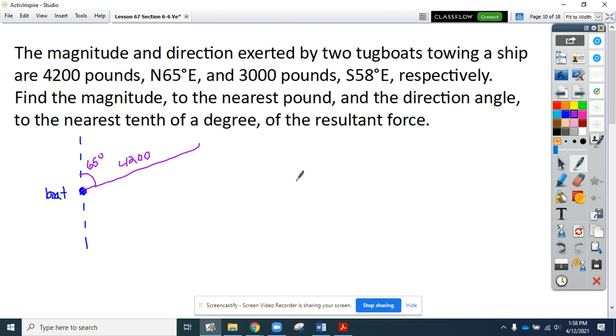Right. Then it says the other ship is going south, but turning 58 degrees to the east. And that's 3,000 pounds. So there's our 3,000. And that is 58 degrees. And what we want to know is what is the resultant force?